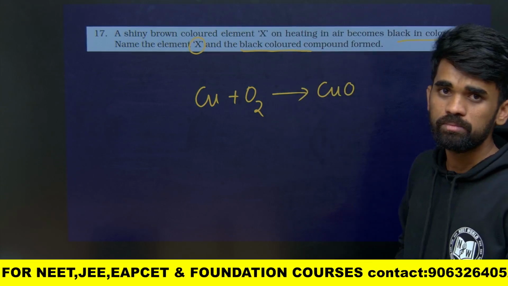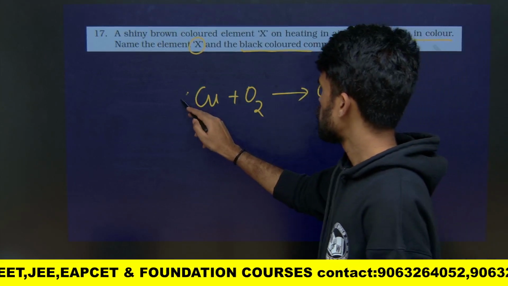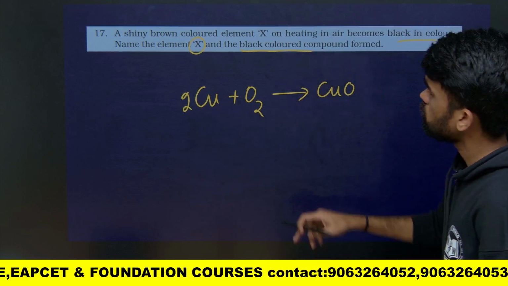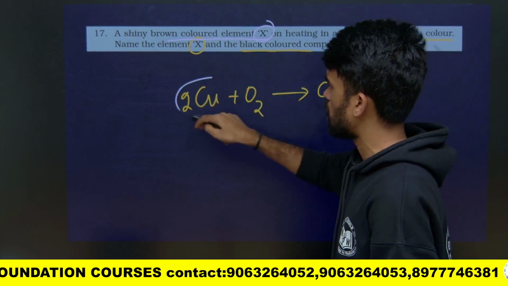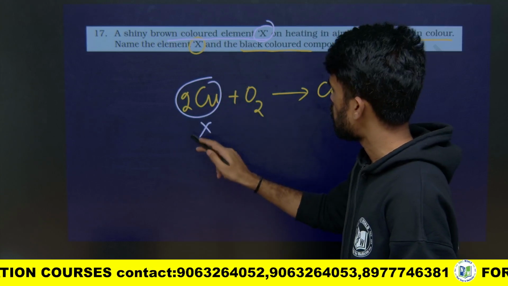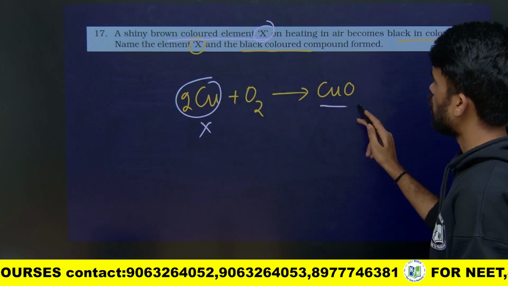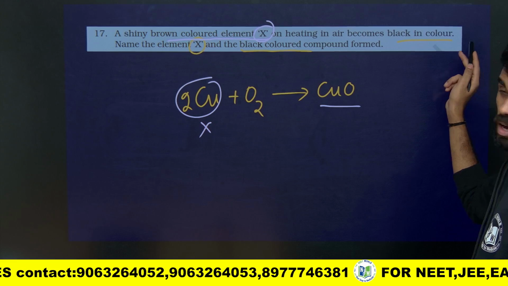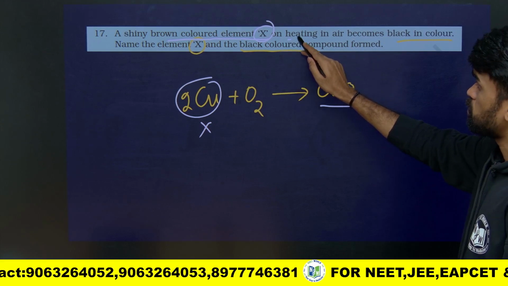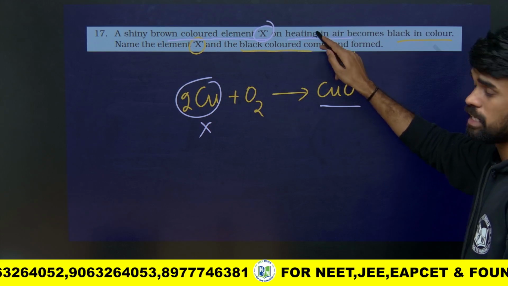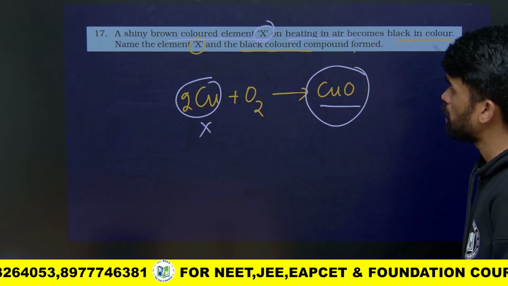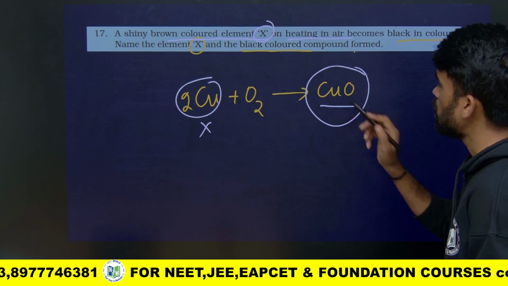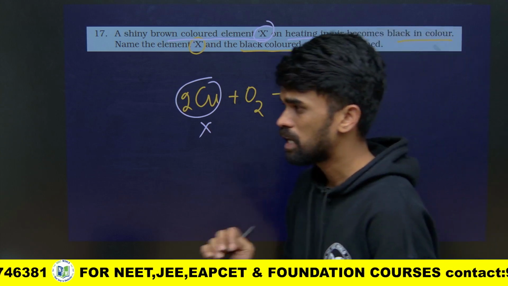So this Cu is a shiny brown colored element. Yes, copper is a shiny brown colored element, so X is copper. And what happens when it is heated with air? A black colored oxide is formed, that is nothing but copper oxide. I hope this is also clear, right?